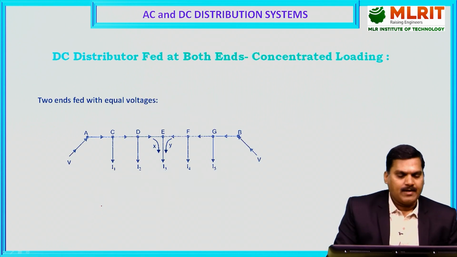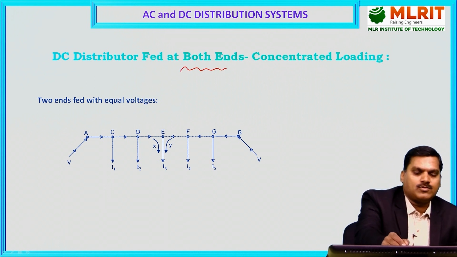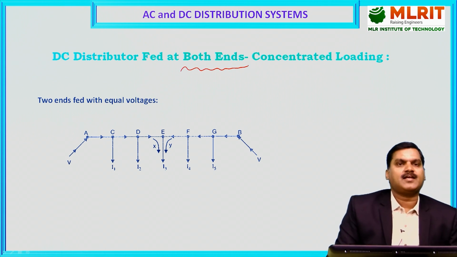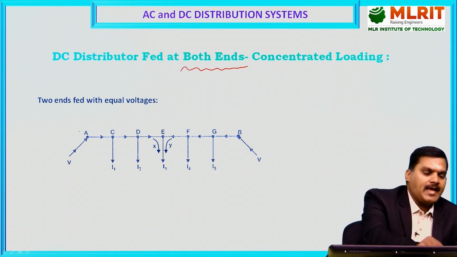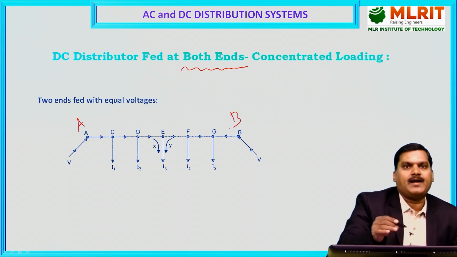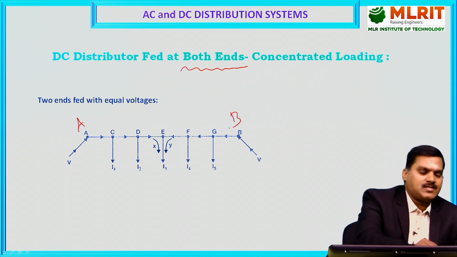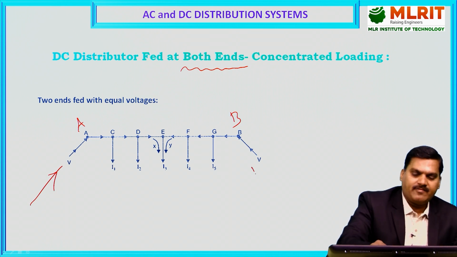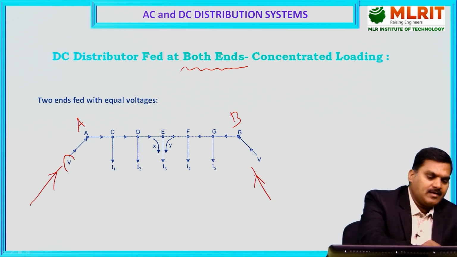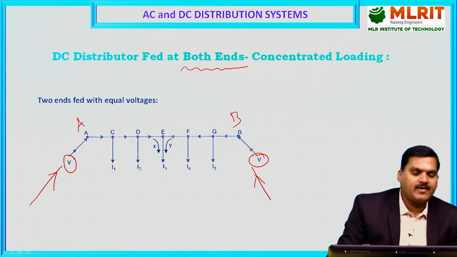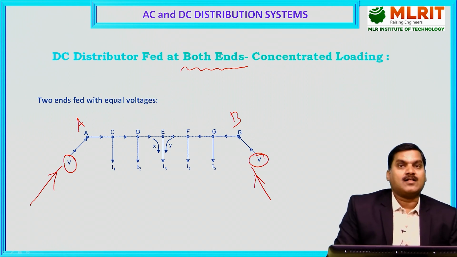Next, coming to the next case, a DC distributor fed at both ends. We are initially analyzing the different cases of a distributor line. Fed at both ends means the feeding points are at end A and at end B. Here voltage V is fed at both ends with concentrated loading.